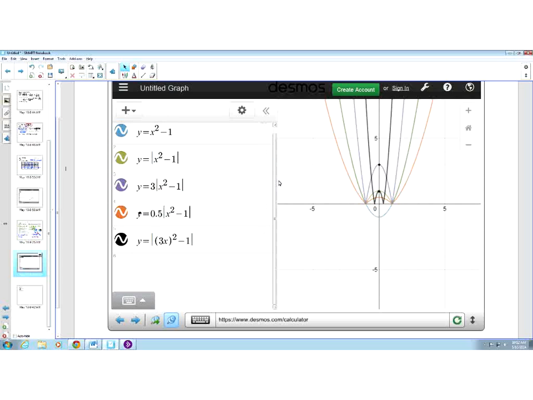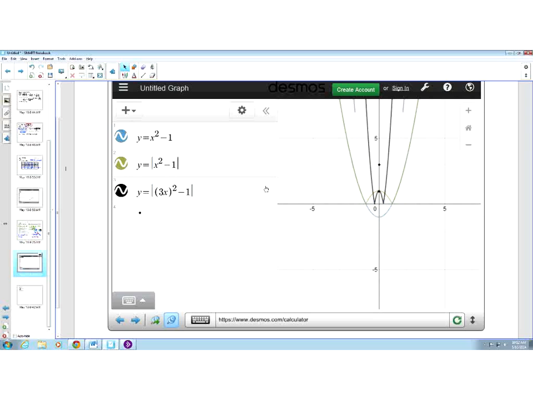So let me delete the verticals. And so the vertex stayed the same, but this would be a horizontal shrink. Compare the black curve and the green curve. Okay, we shrunk it horizontally. We compressed this curve.